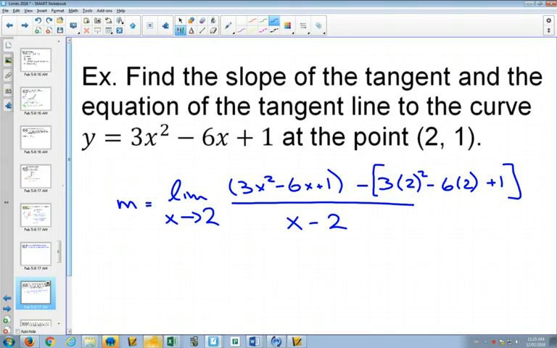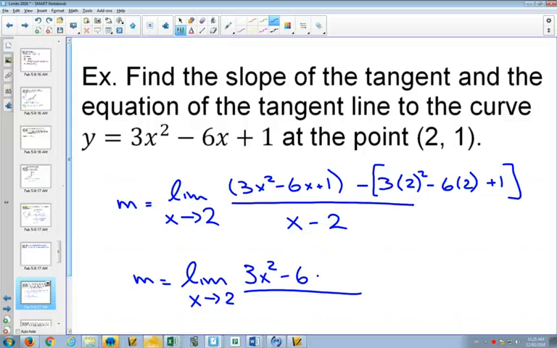So it always starts off with these limits that you're finding the slope of a tangent that you have a problem, because if you plug in 2, you would divide by 0. But what's nice about them is if we simplify the top, we're going to get 3x squared minus 6x plus 1.